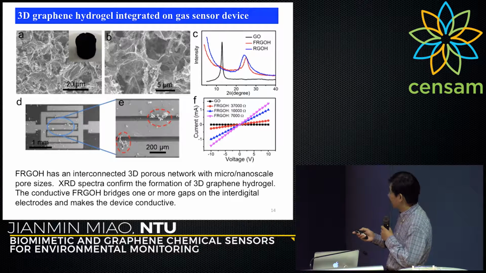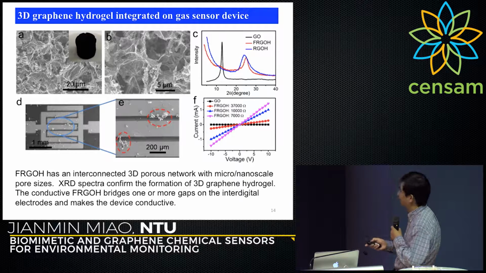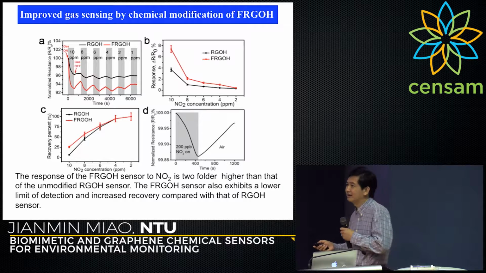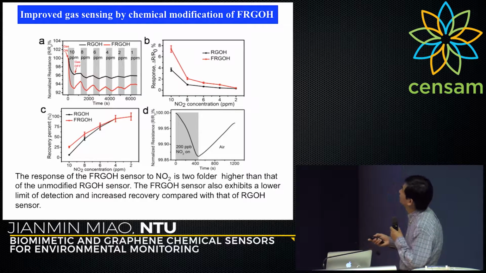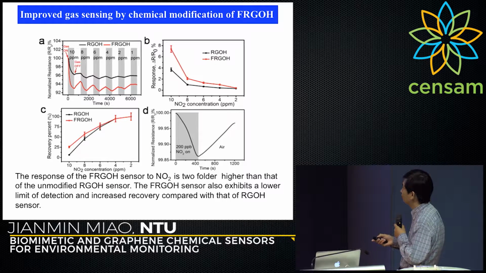And this is the interdigital electrode. We place this graphene on top of that. You see the graphene here, and we also measure the current versus voltage, and the XRD spectrum confirms the formation of 3D graphene hydrogel. We did this test in the gas chamber, and the gas we use here is NO2.